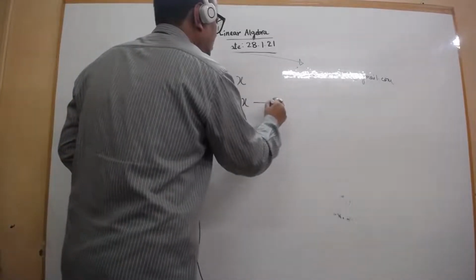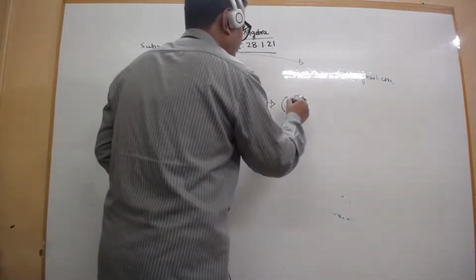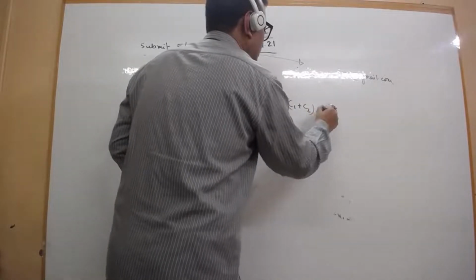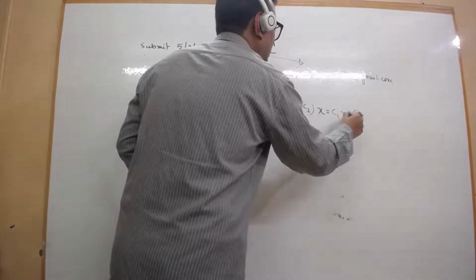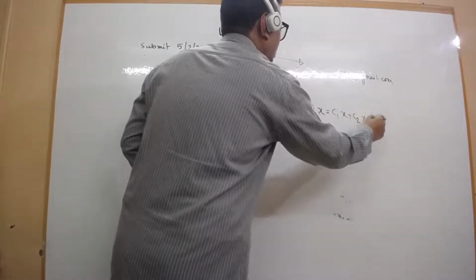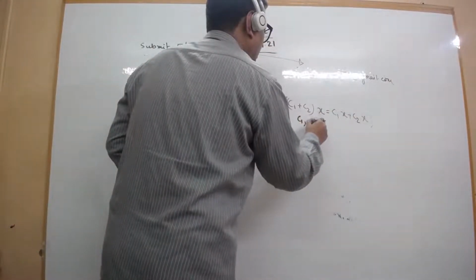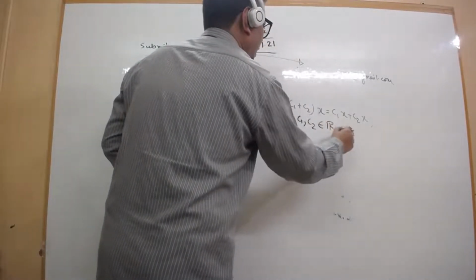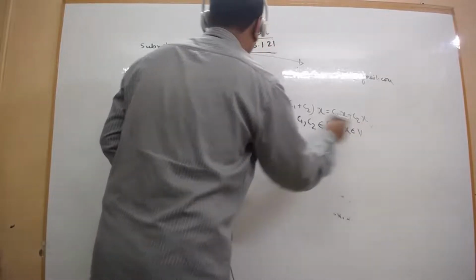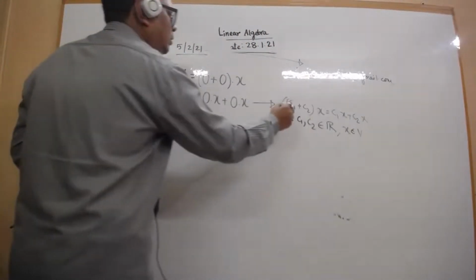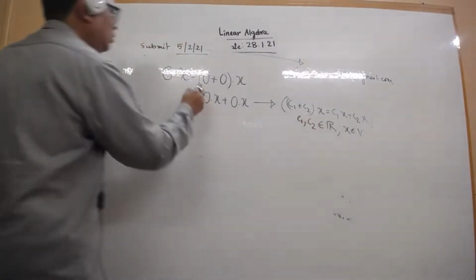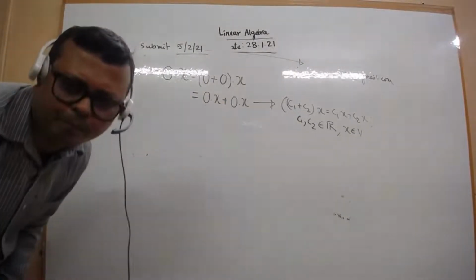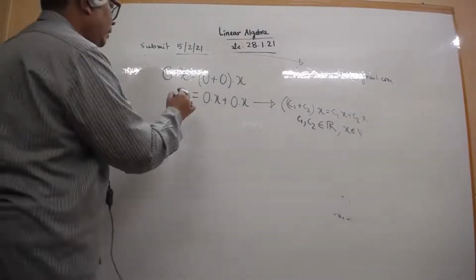I use axiom number maybe 8: (C1 plus C2) x equals C1 x plus C2 x, where C1, C2 belong to R and x belongs to V. Here 0 and 0 both belong to R, so I write this as 0 into x plus 0 into x. Clear?